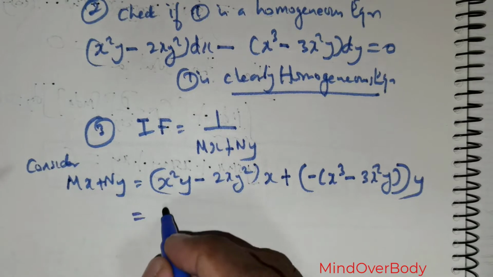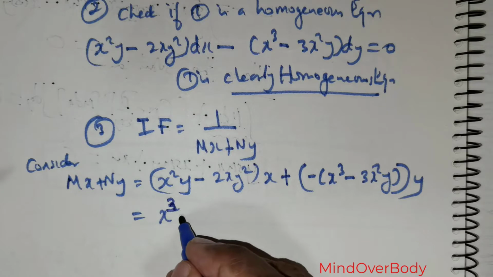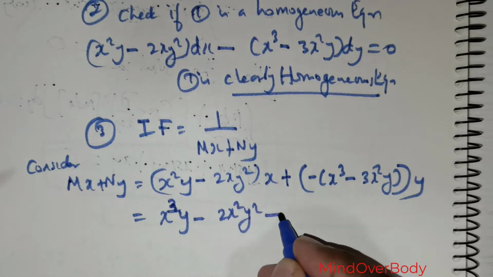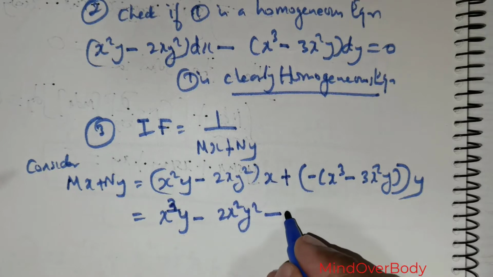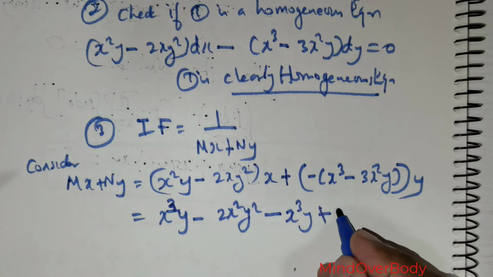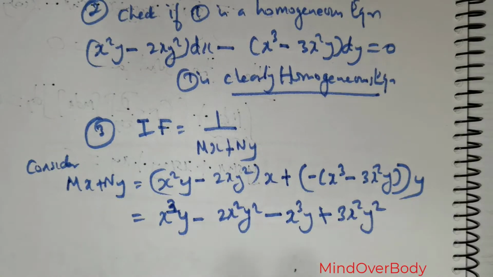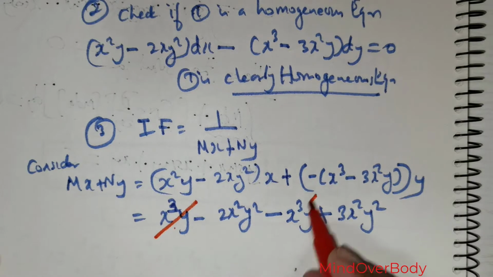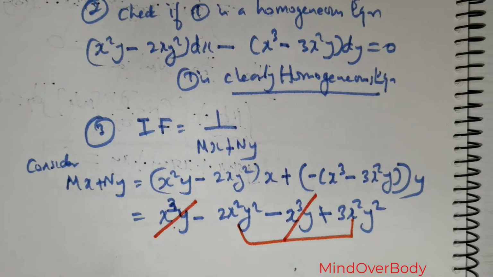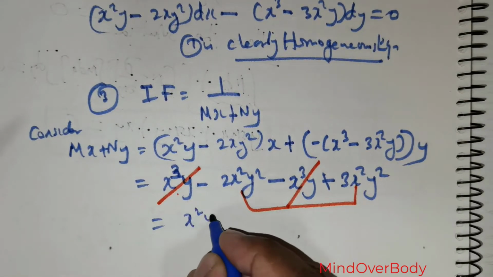So this would give me x into x squared, which is x cubed y, minus 2 times x squared y squared. Negative times positive is a negative, so it's going to be minus x cubed y. Negative times negative is positive, so plus 3 times x squared y squared. Clearly x cubed y cancel, so you have negative x squared y squared, which can be added here, so we would now have x squared y squared.